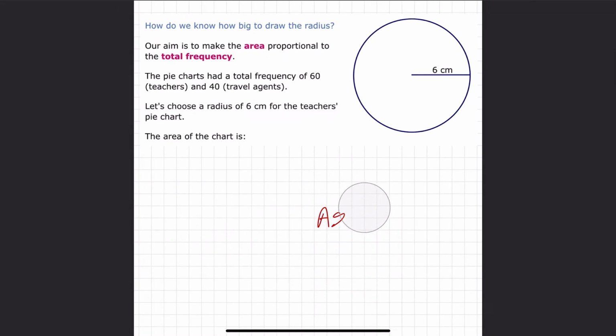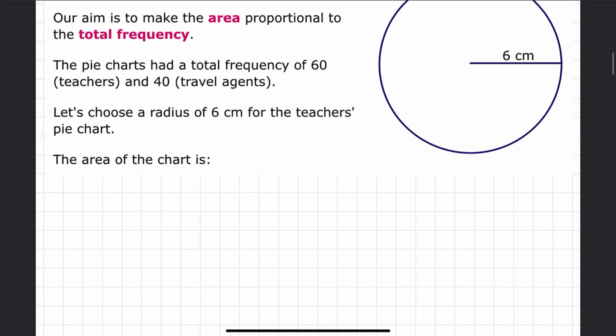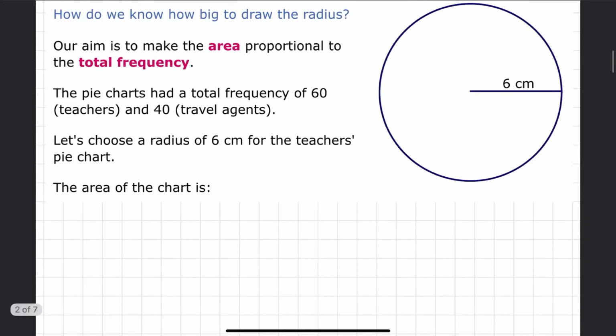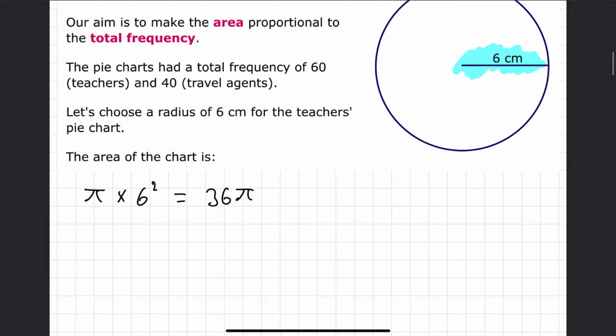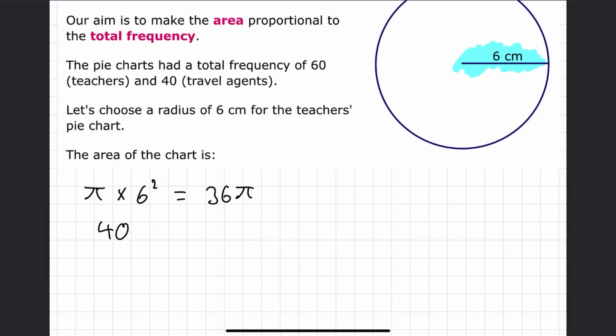In my first video, I showed you how it worked. So I'm going to do the long method quickly again, just to reiterate. If I have given myself a radius of 6 for my teachers, then the area for teachers, using the area of a circle, is pi times 6 squared, 36 pi. We have 40 out of 60, because 40 were travel agents and 60 were teachers.